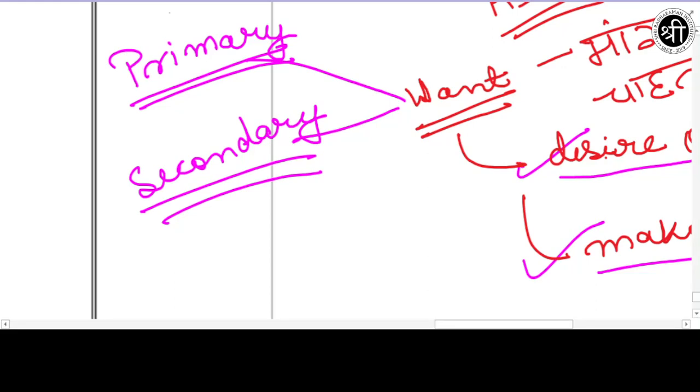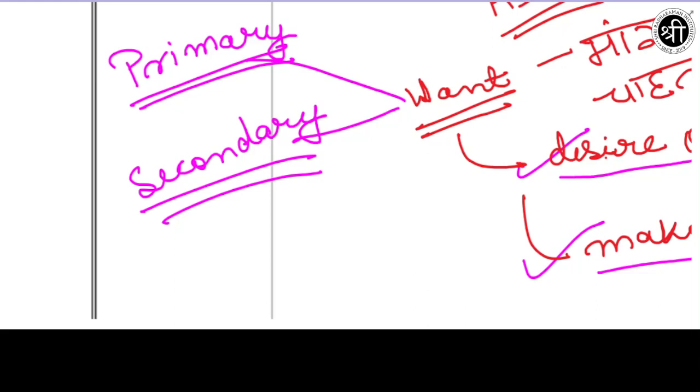Now the primary wants include those things which are very necessary for the living of a person. If we don't have these primary wants fulfilled, then we won't be able to live. Like if we don't get food, will we be able to survive? The answer is no. If we don't have shelter, will we be able to survive?